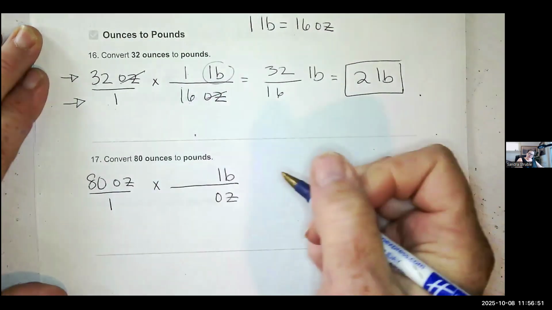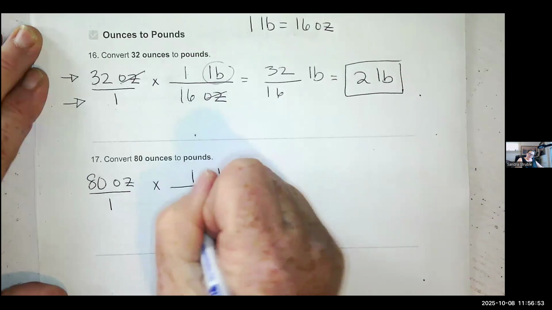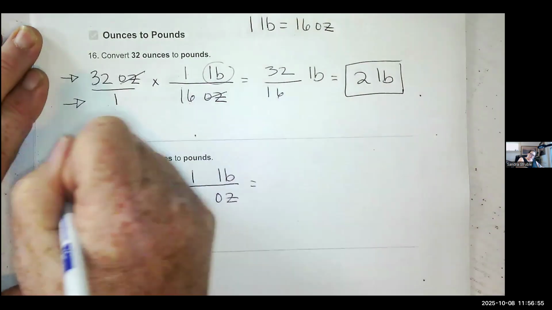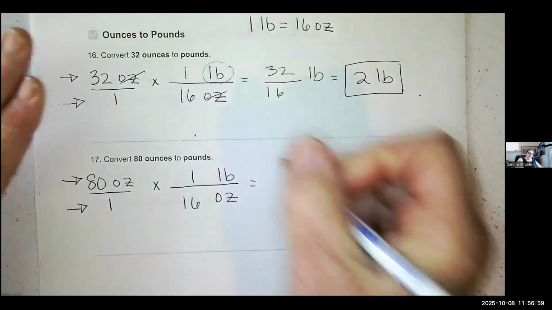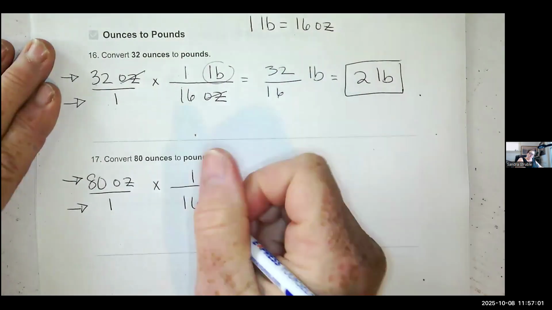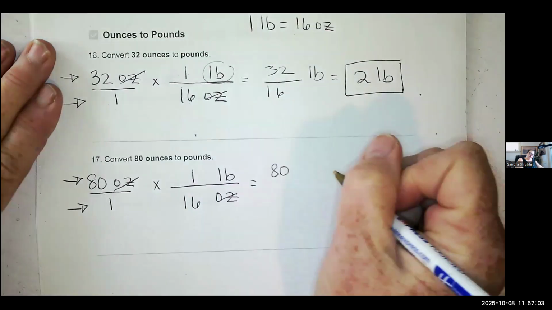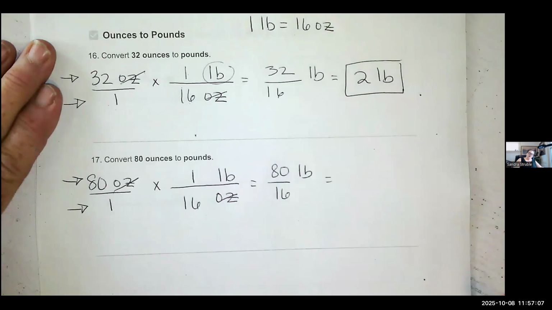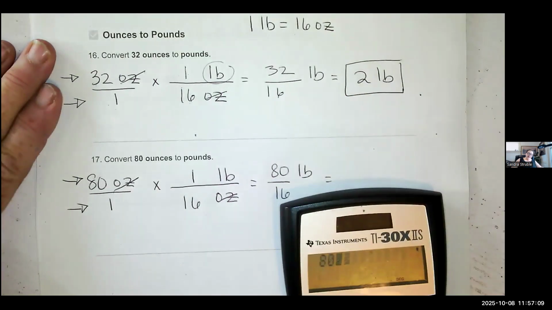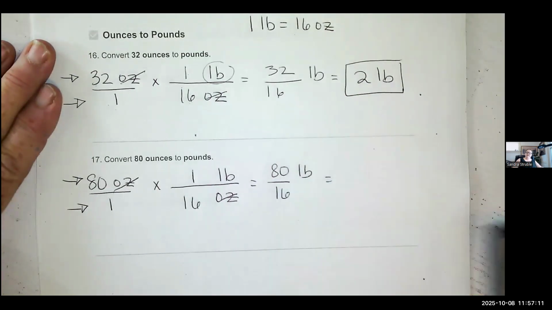Now I put my conversion in. 1 pound is 16 ounces, multiplying straight across on the top and straight across on the bottom. 80 times 1 is 80. My ounces are gone. Don't forget your pound. 1 times 16 is 16. 80 divided by 16 is 5.